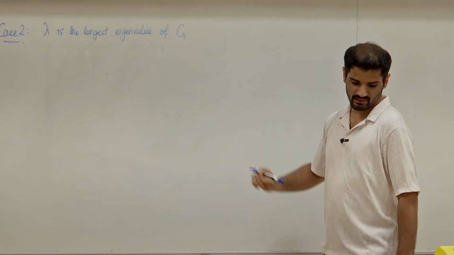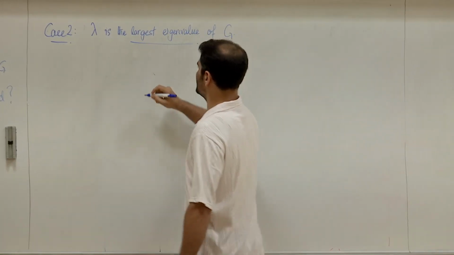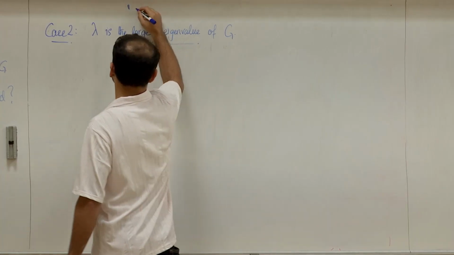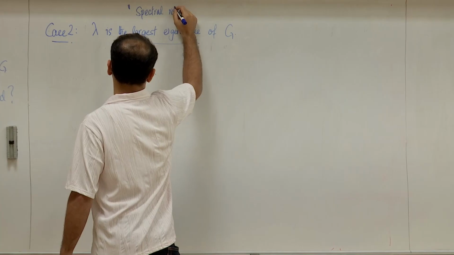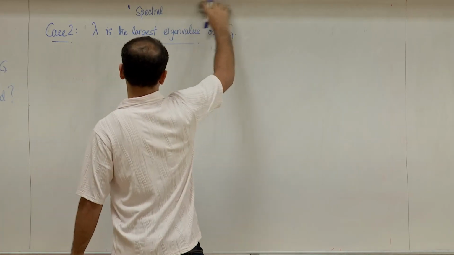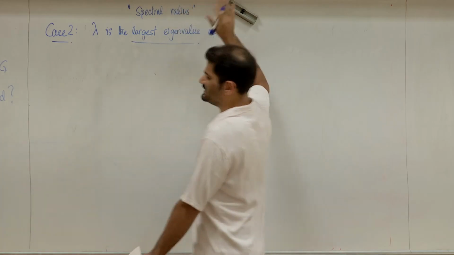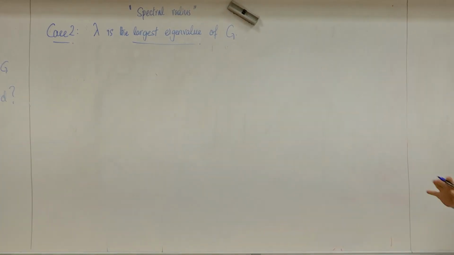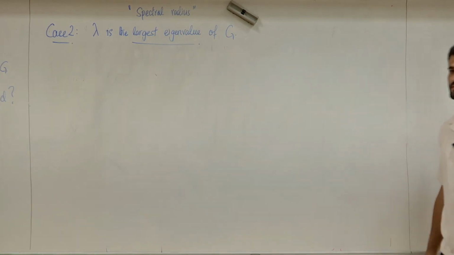So in this lecture, I'm going to use the largest eigenvalue and also the phrase spectral radius. These are the same for graphs because the matrix is positive, all the entries are positive, so I will use them interchangeably.